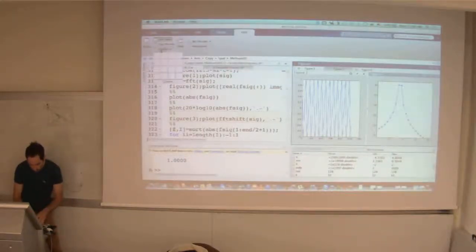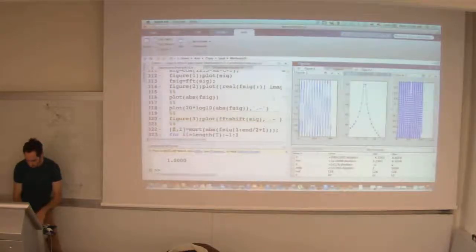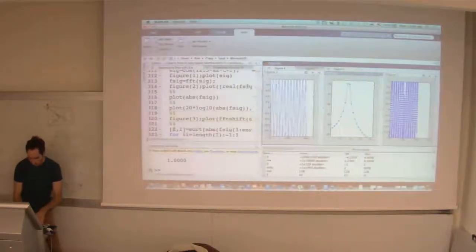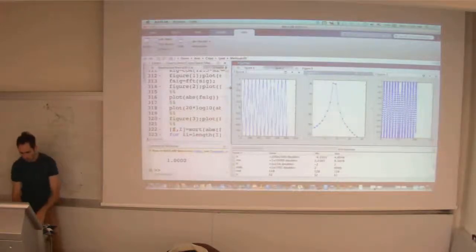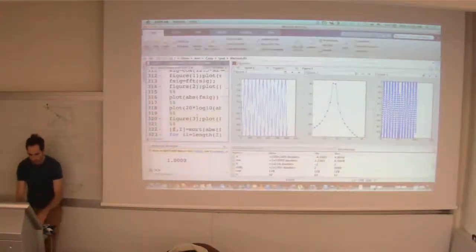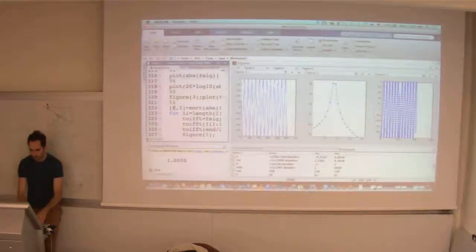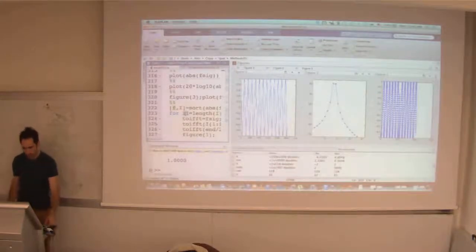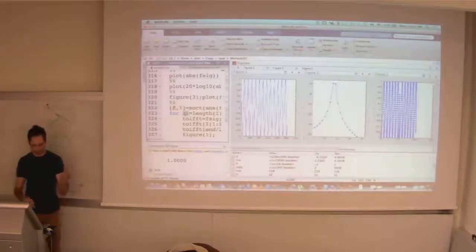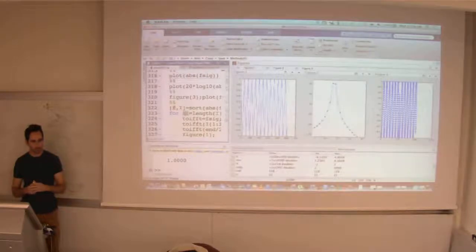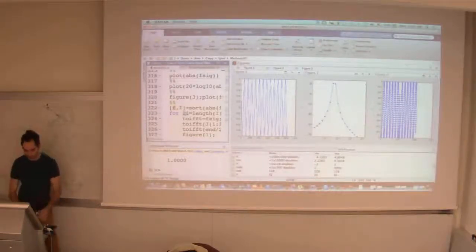So now I want to see all of these three graphs together. And now I'm going to run an algorithm to build this signal. The way that I'm going to build it is by taking, step by step, the right frequency, synthesizing this frequency, and adding the other frequencies one by one to see what will happen.